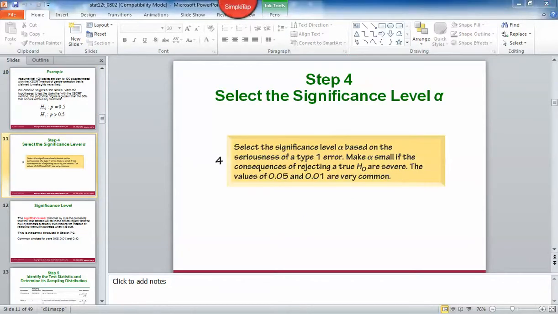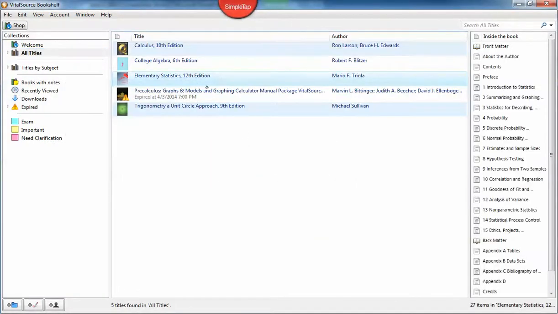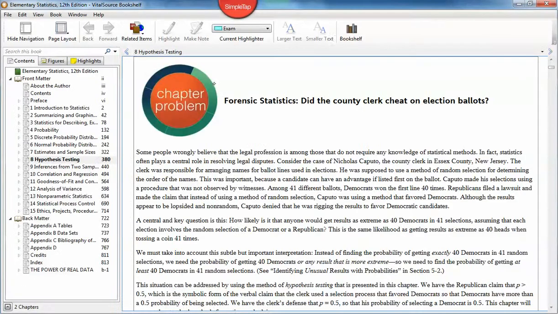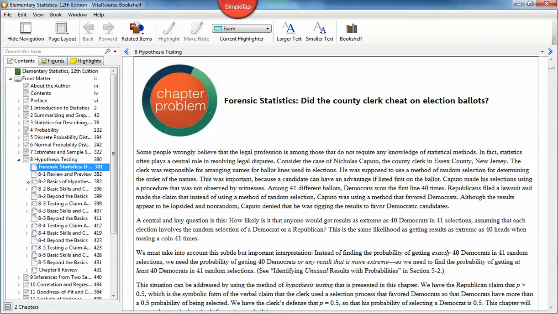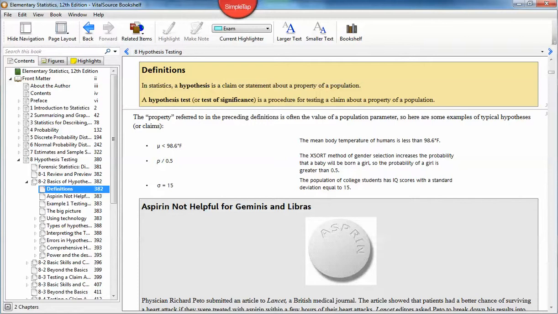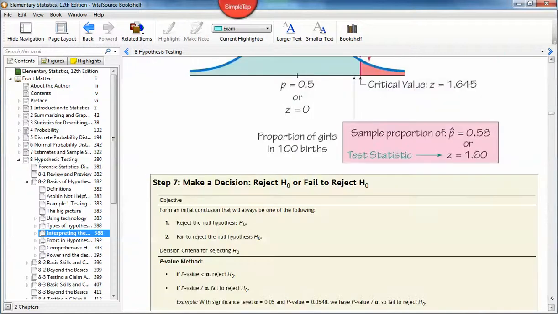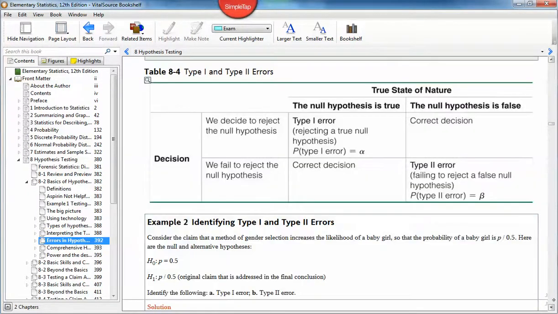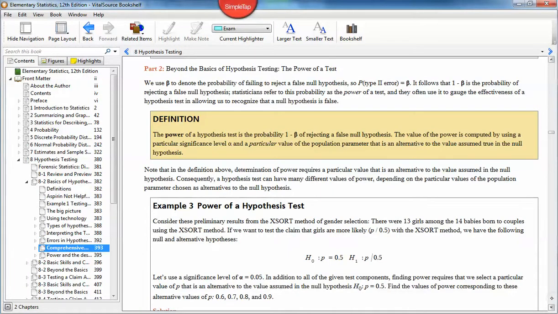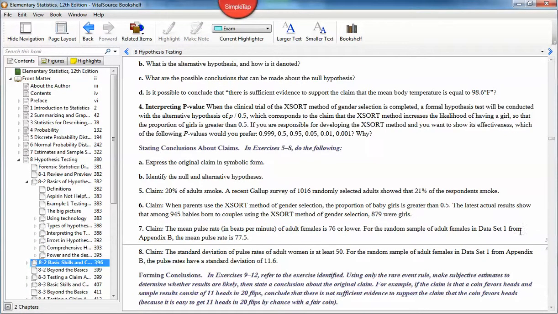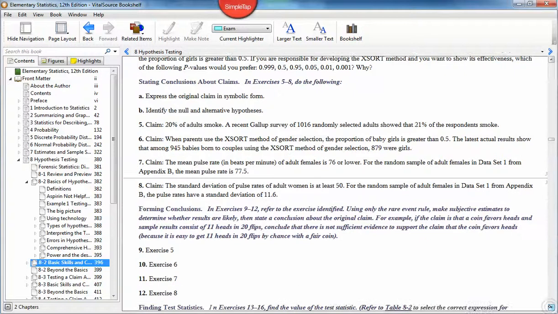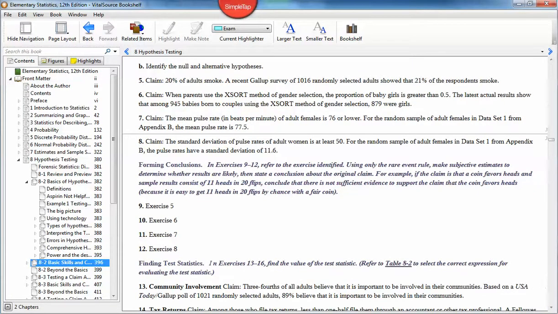So let me pull up your text real quick. Alright, so let's see if we can write a null and alternate hypothesis.